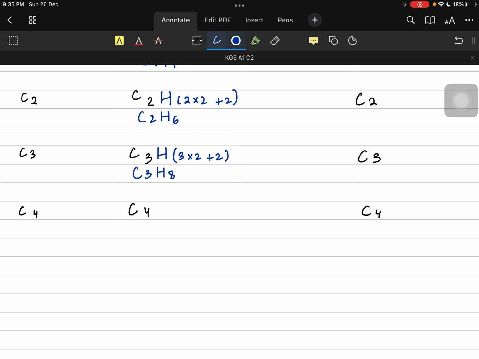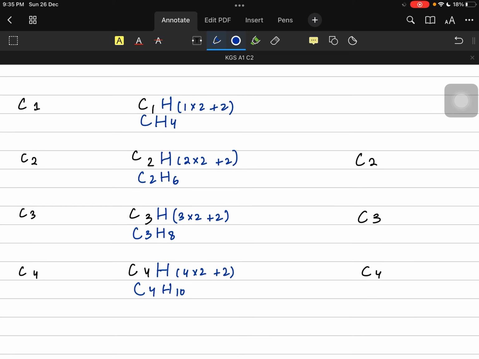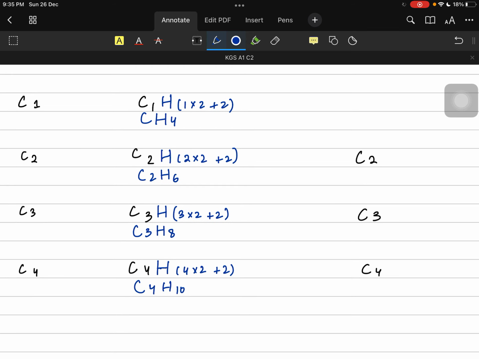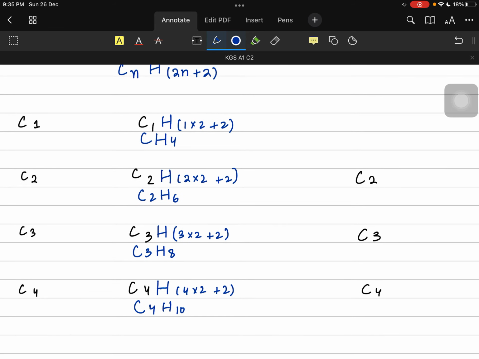For C4, you just double it, becomes 8, and then you add 2, so it becomes C4H10. Every time, no matter how many carbons there are, you just double the number of carbon and then you add 2, and that gives the number of hydrogen. And this is how you create the formula for alkanes.